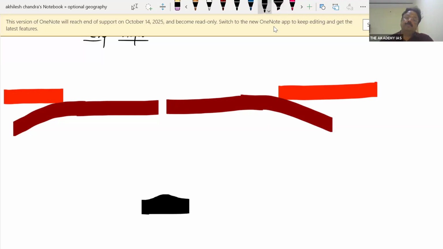And from here, there is a continuous rise of strong convectional current.